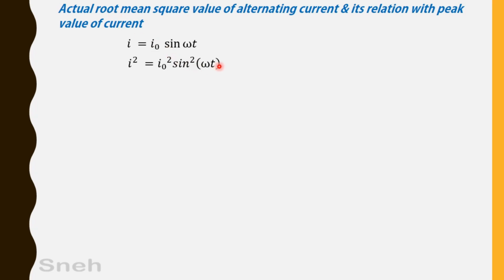So here I'll write IRMS, that is root mean square of current. I have the square, then I take its average or mean, and then I take its square root. So this represents root, mean and square.